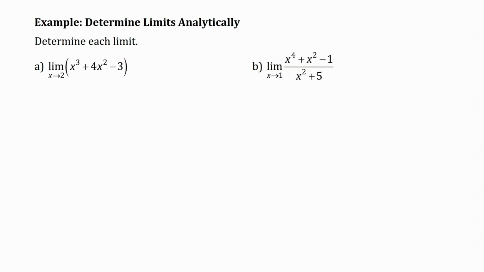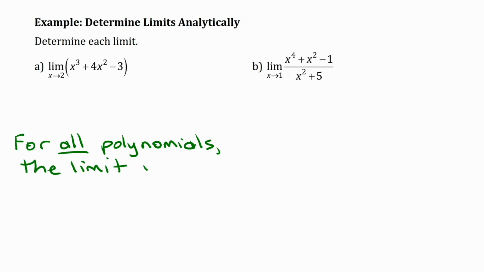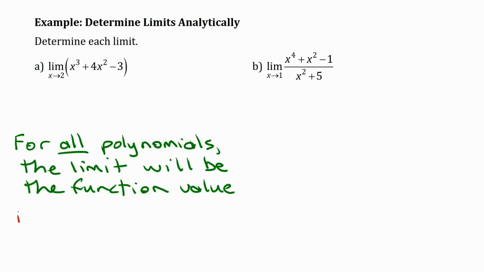Now we're going to draw on that list of techniques and work out some limits analytically. This first one here, that polynomial, we can use substitution because all polynomials are continuous for all x values. And so for all polynomials, the limit will be the function value. Or in other words, the limit as x approaches 2 is going to be equal to the function value at 2.